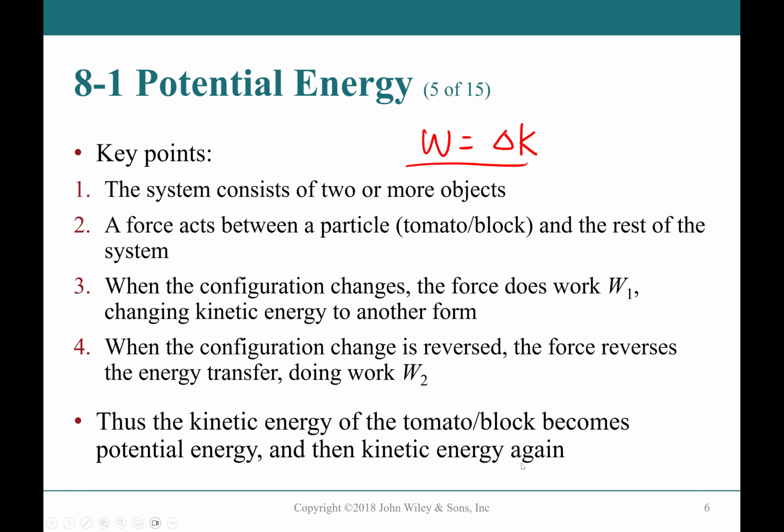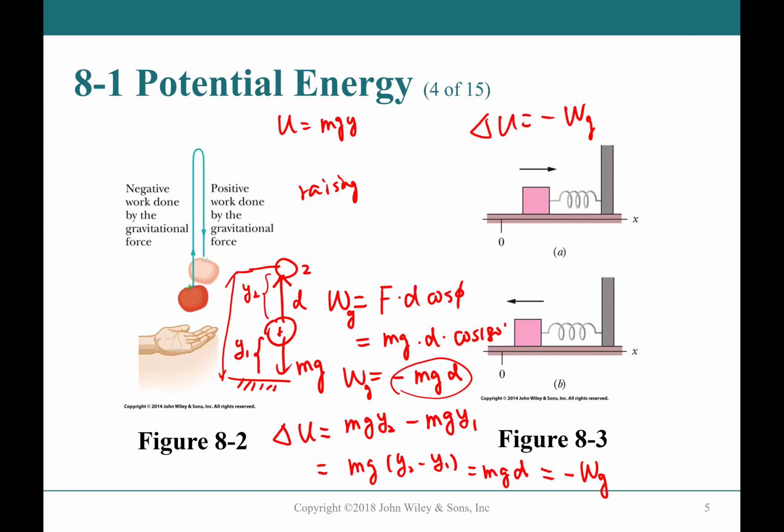So what does this mean? Here we have gravitational force that is doing work. So if you take a look at the tomato, okay? What we have here is the kinetic energy of the tomato plus the potential energy of the tomato.